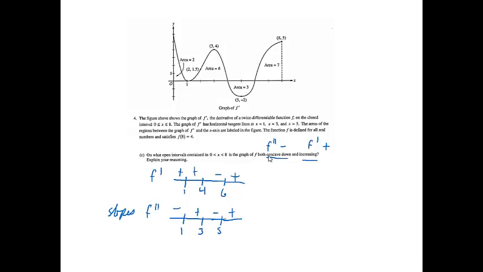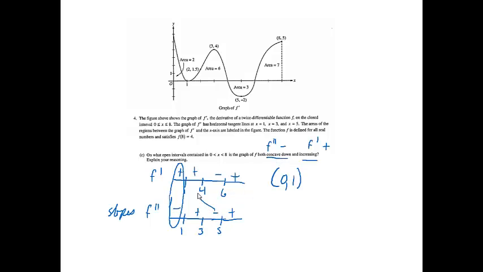So I need to find out where my f double prime is negative and my f prime is positive. It looks to me like from 0 to 1 for sure, we've got that. So that will be one spot: 0 to 1. And then is there another spot where my f double prime is negative and my f prime is positive?